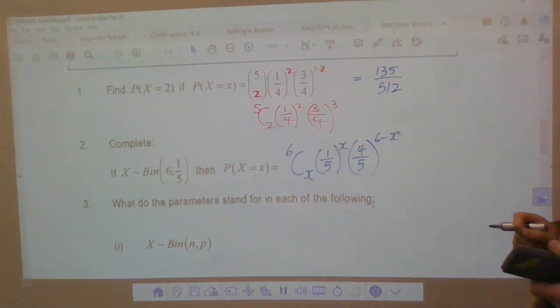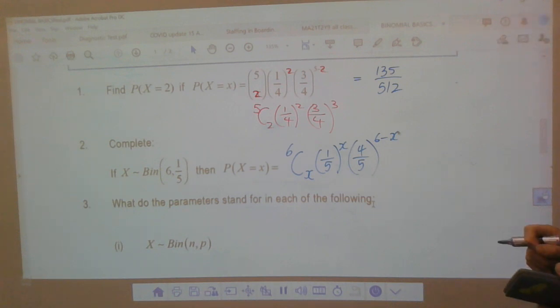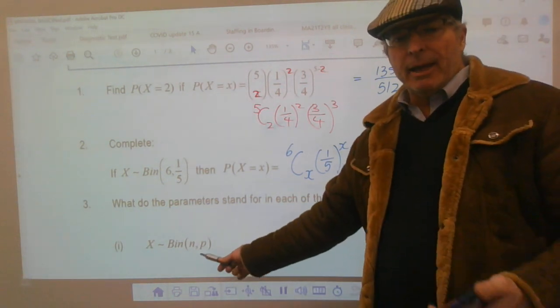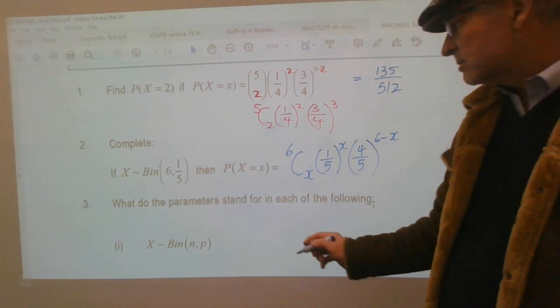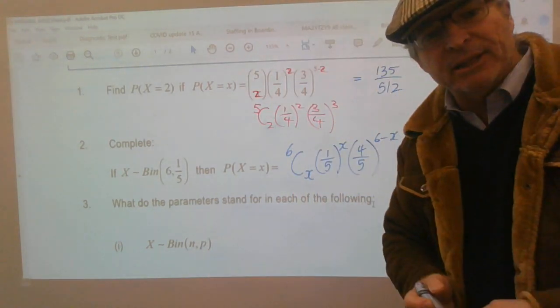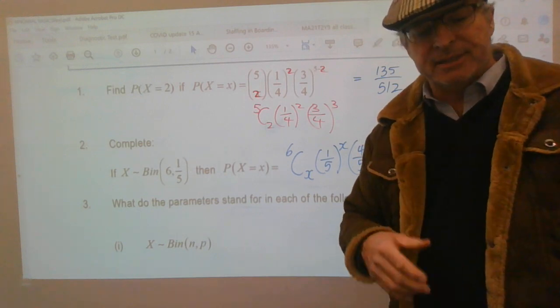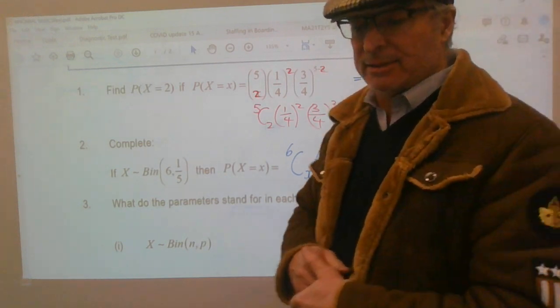What do the parameters stand for in each of the following? All right, N stands for the number of Bernoulli trials, and P stands for the probability of success.